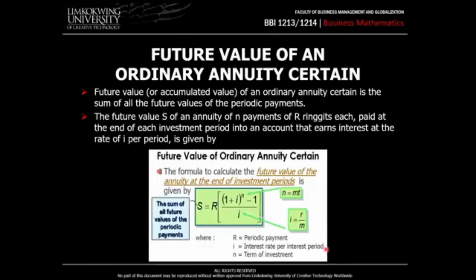So this is the interest rate per interest period, and it must be in percentage. N is the term of investment, which is for how long the investment should be done.